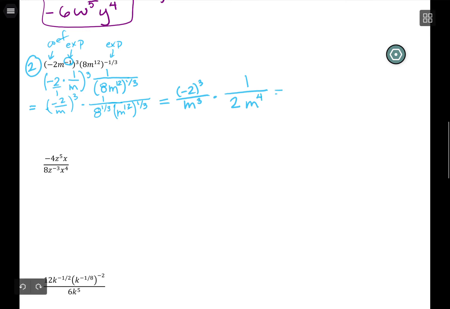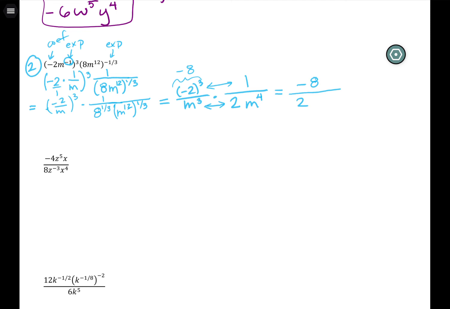I'm going to go ahead and, for starters, multiply straight across. So I have -2 to the 3rd, which is -8. And I'm going to multiply that by 1. So -8 on the top. On the bottom, I have a 2. I'm just going to put that out in front. And then I can combine the m cubed and the m to the 4th.